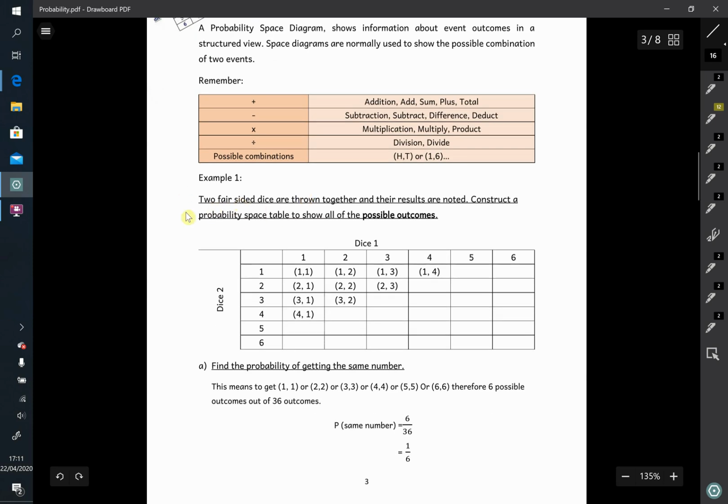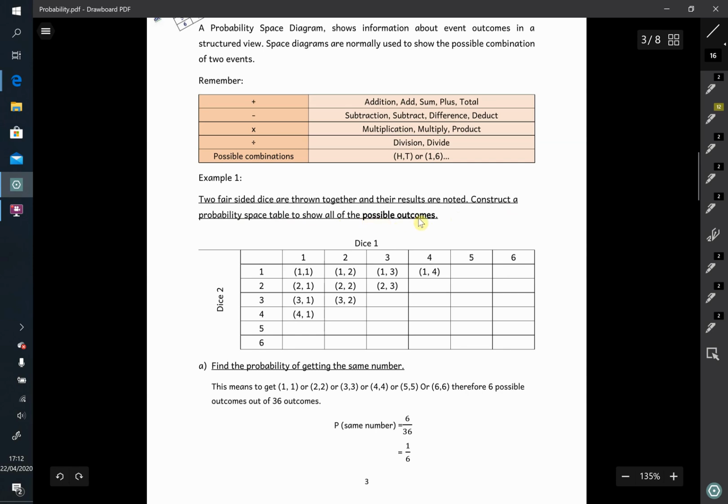The first example is 2 fair-sided dice. When we say fair-sided, it means numbers from 1 to 6. So we've got the die numbered from 1 to 6 and it's fair. They're thrown together and the results are noted. Construct a probability space table to show all the possible outcomes.